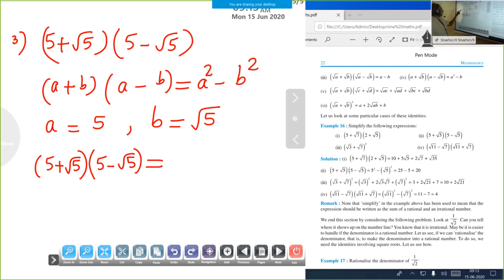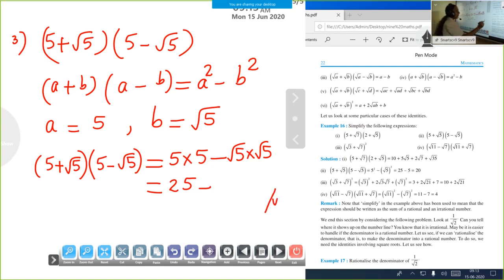a² means 5 into 5, and the sign is minus b², which is √5 into √5. Next step, multiply: 5 into 5 is 25, minus √5 into √5, which is √25.